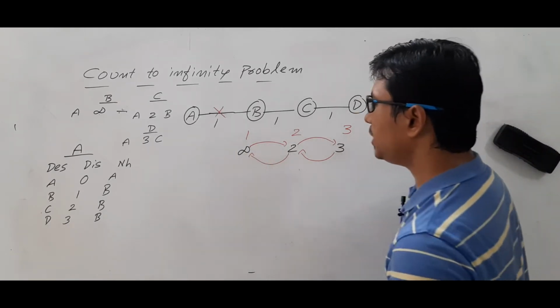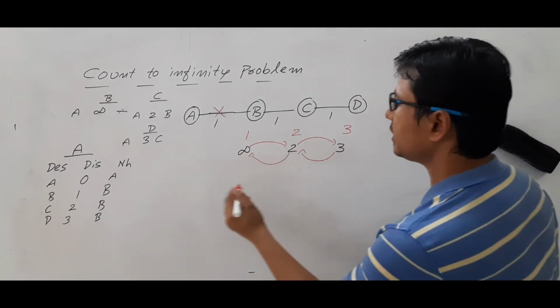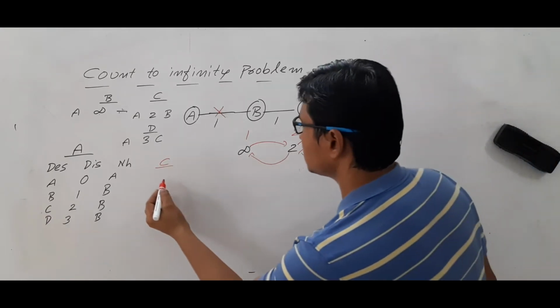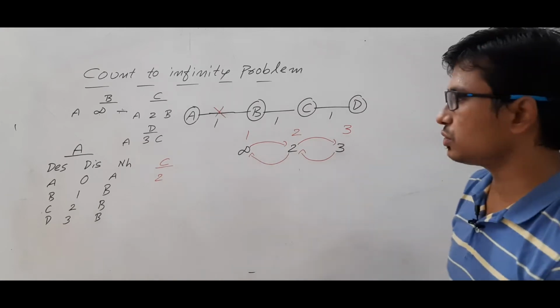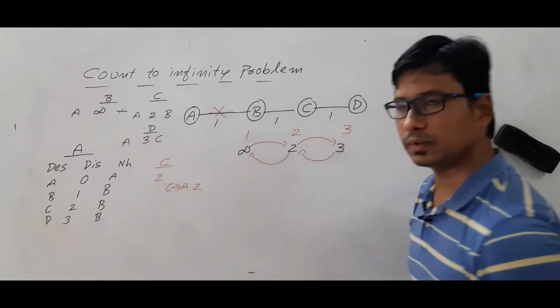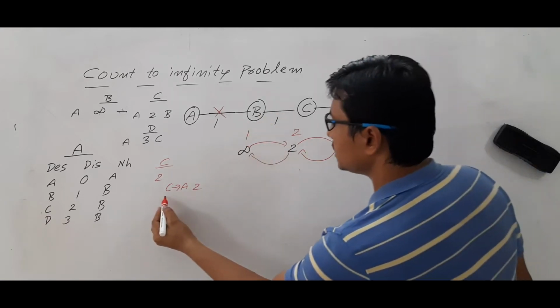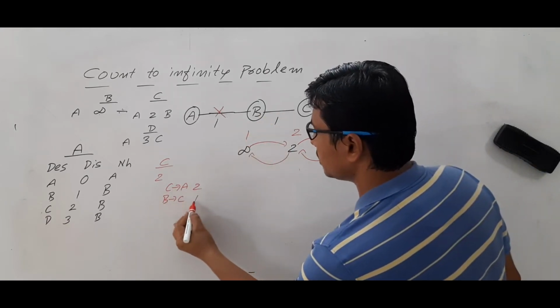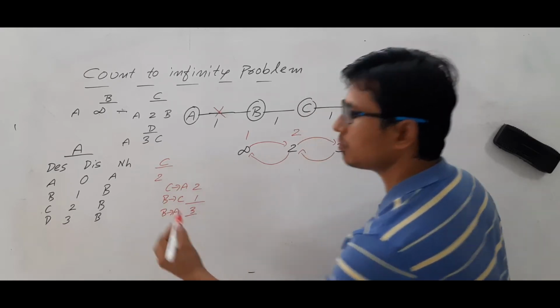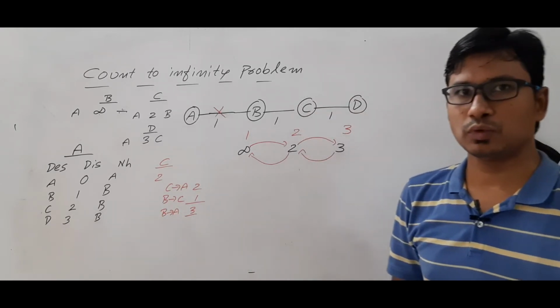So what will B assume, what will it get? It will get from C's routing table the distance C to A as 2. So it will think that C to A distance is 2 and B to C distance is 1. So with a total distance of 3, B can reach A. That is what it will do.